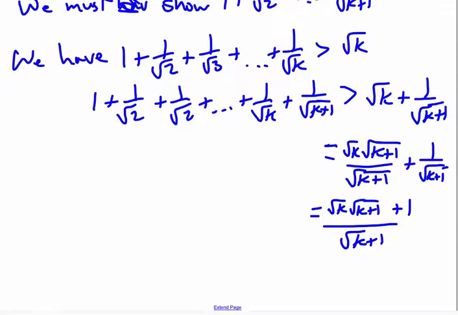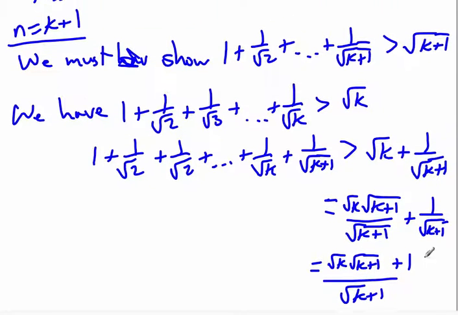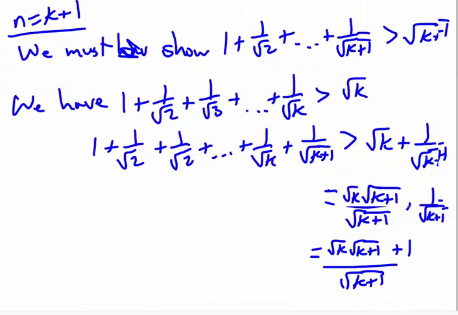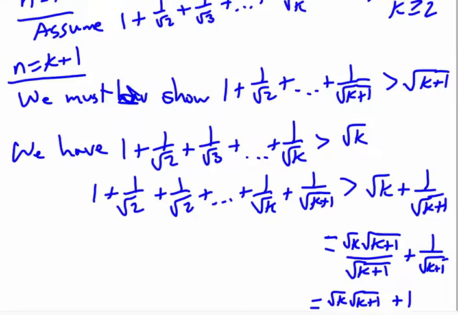So what we want to have on this side is just root k plus 1. If we look closely at this, if we had k plus 1 in the numerator, then we'd have k plus 1 divided by root k plus 1. We'd get root k plus 1 as required. And we can make that happen.